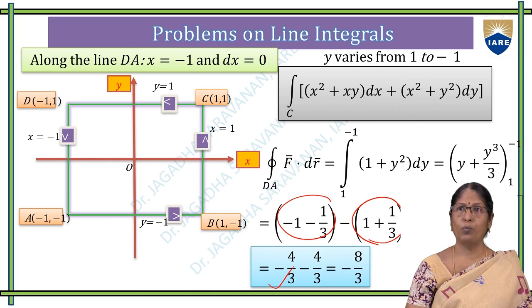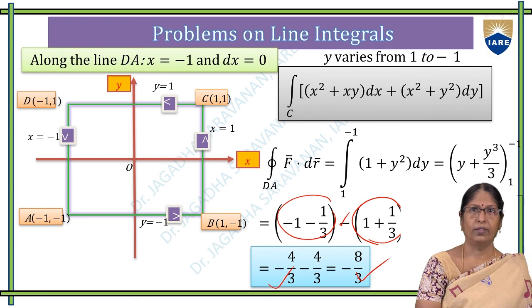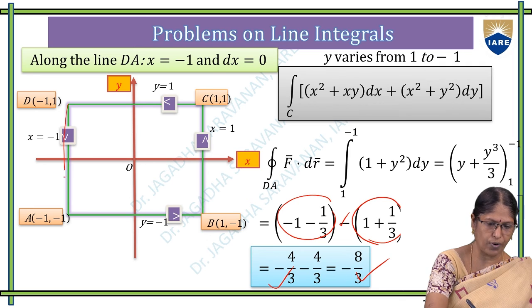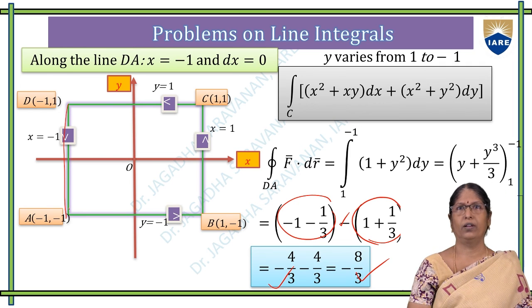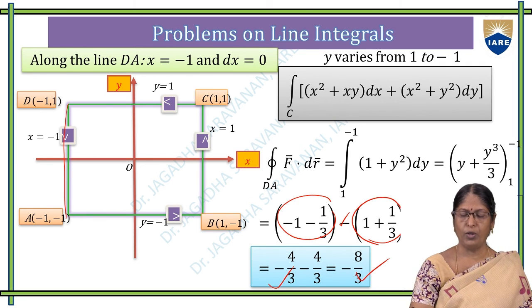This value is 4 by 3. Outside already minus exists. So minus 4 by 3 put together gives minus 8 by 3. So we can see very well that when it moves from D to A, we obtained the value minus 8 by 3.